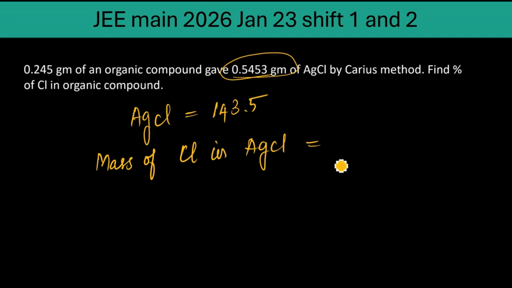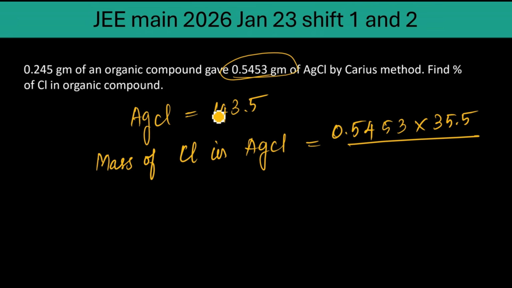I have 0.5453. So 1 AgCl contains 35.5. So I can convert it to 0.5453 into 35.5 divided by 143.5. Right? So which comes out to be 0.1349 grams.